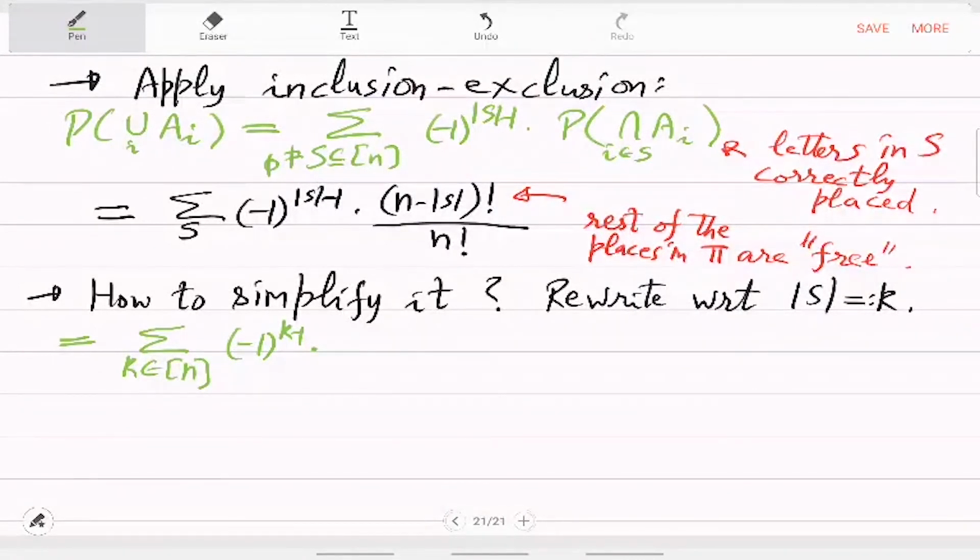The summand is easy to write: it's (n minus k) factorial divided by n factorial. But how many such subsets are there of size k? That is n choose k.